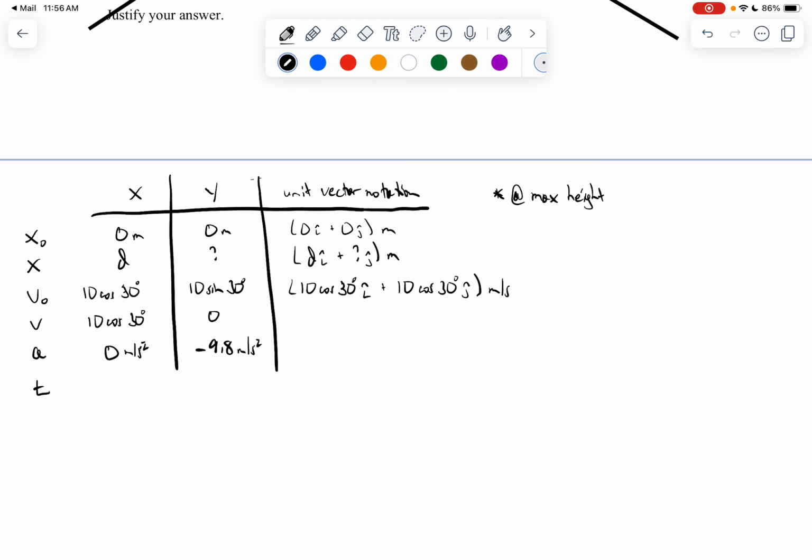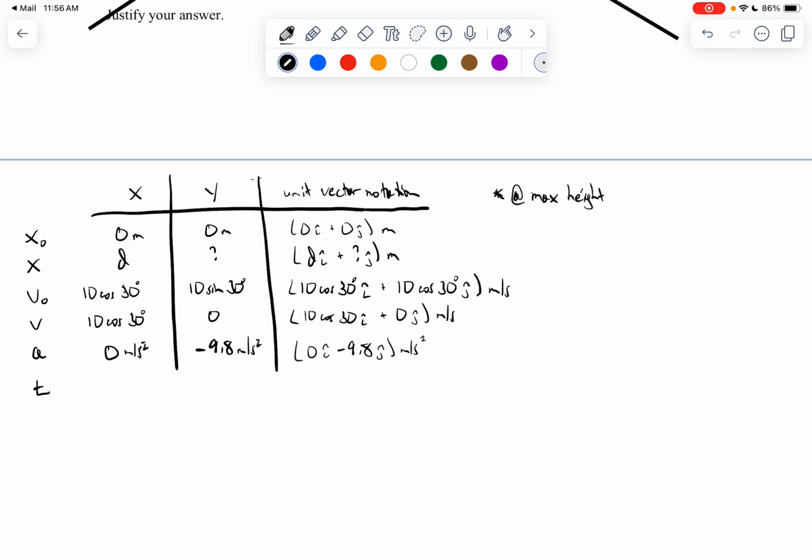So our final velocity is just going to be 10 cosine 30 degrees i hat plus 0 j hat meters per second. Again, acceleration, what we went over before, we'll have 0 i hat minus 9.8 j hat meters per second squared.